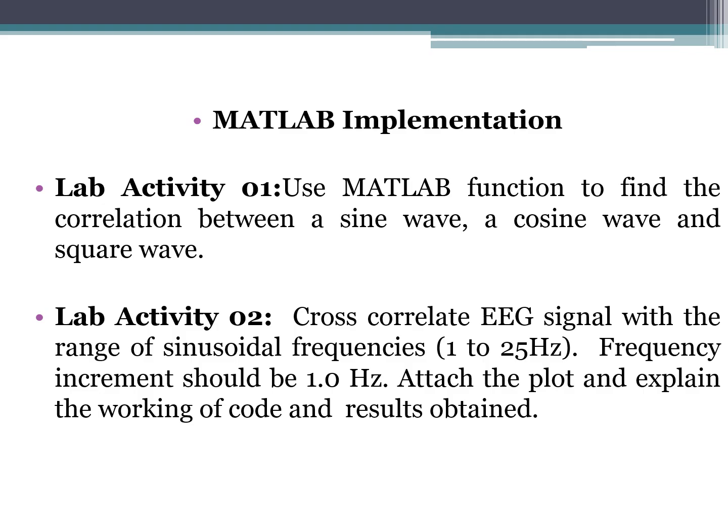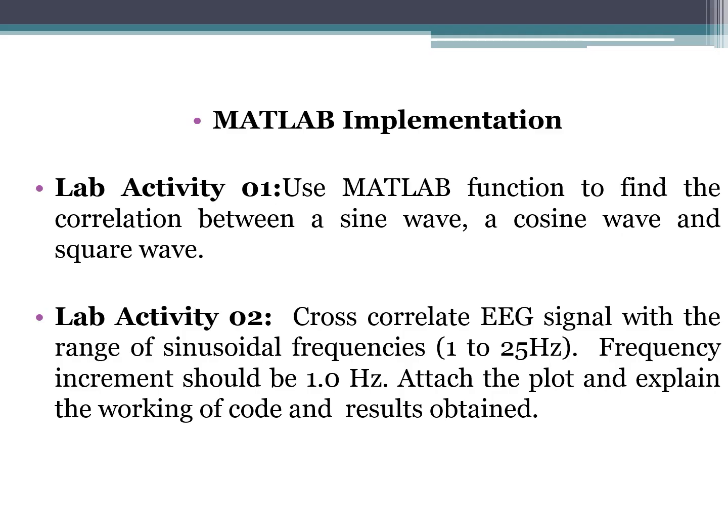Now regarding the MATLAB implementation and to see the working of the described functions, we will perform some lab activities. The first lab activity is simple, in which we will use MATLAB functions to find correlation between a sine wave, a cosine wave and a square wave. In the second lab activity, we will use a biosignal, that is an EEG signal.